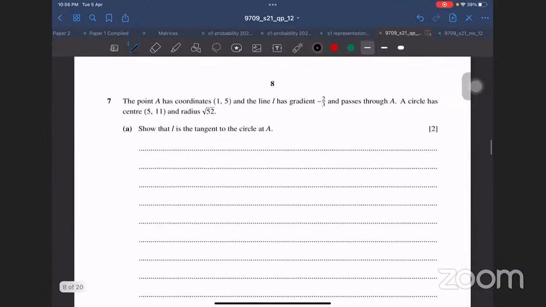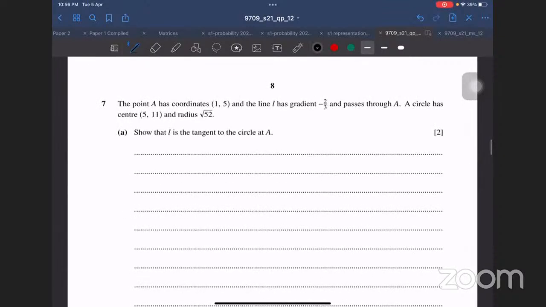Question number 7. The point A has coordinates this and the line L has gradient that and passes through A. Let's draw a negatively sloped line.